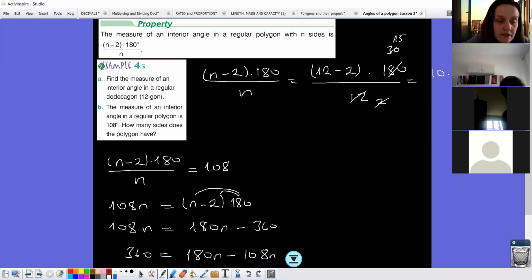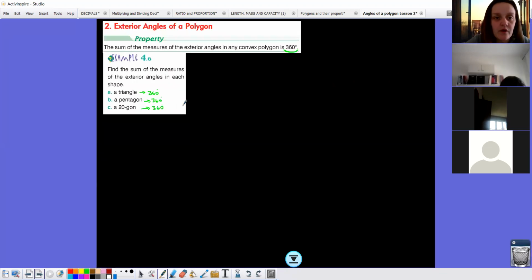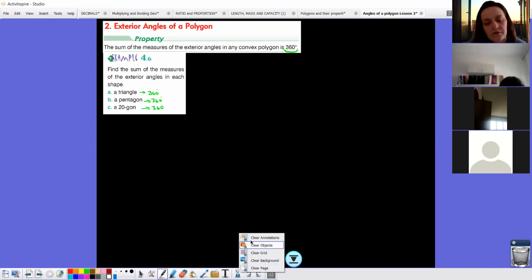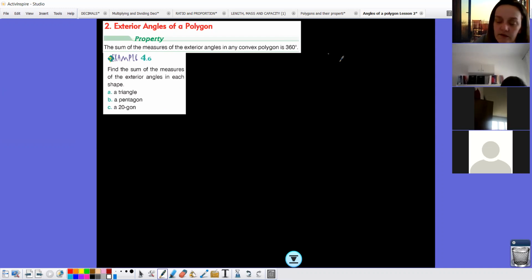Now, guys, let's see what we have more about angles. Here we have the exterior angles of a polygon. The sum of the measures of the exterior angles in any convex polygon is 360 degrees. There is no formula for this, only we'll say that this is 360 degrees.